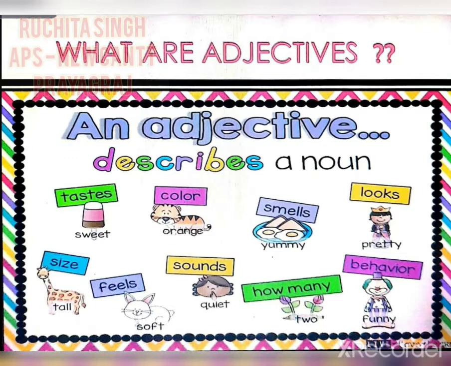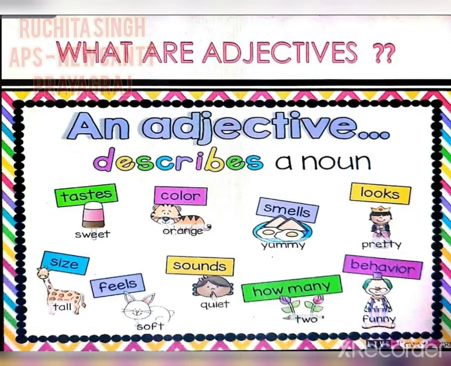When you are touching it, its feeling is soft or hard. Then sound, what type of sound is coming from a noun? Then how many nouns are there? 2, 3, many, more, less, little. Then the behavior of a noun.